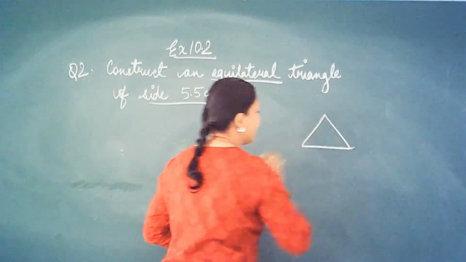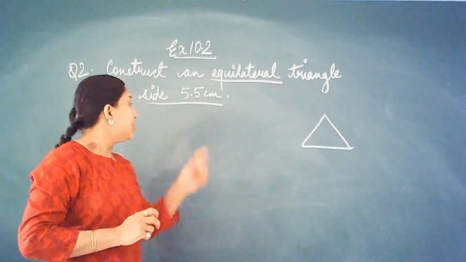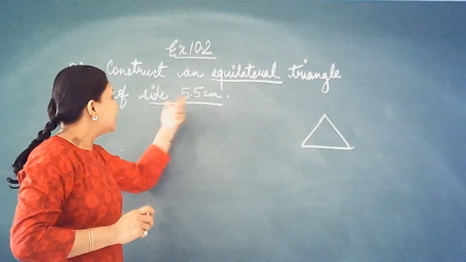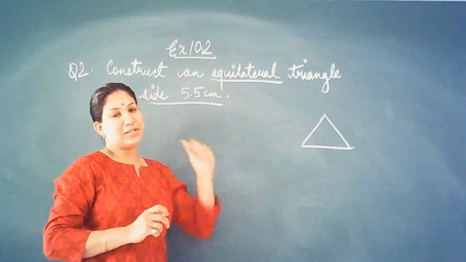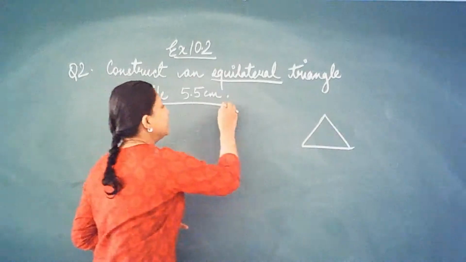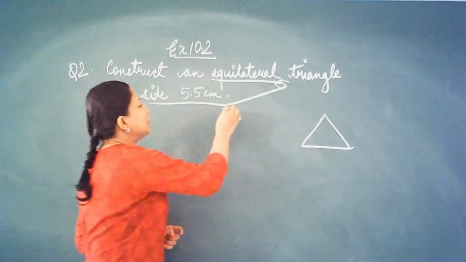So I draw a rough figure of a triangle. Now what about the measurement? Only one side is given, that is the triangle with side 5.5 centimeters. One side is given, but the type of triangle is also given. Which triangle is this?